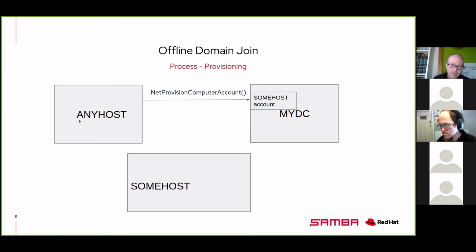Now, let's say that the machine called anyhost decides it wants to create a machine account for samhost, the third party here down below. It would then call a new API call called NetProvisionComputerAccount. That's a Windows API call. Again, that would create the machine account object in the domain controller, and it will be stored there.